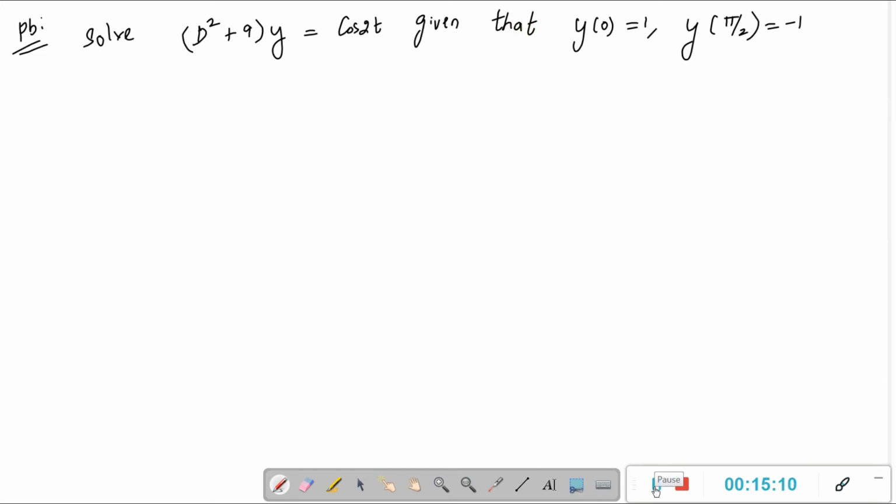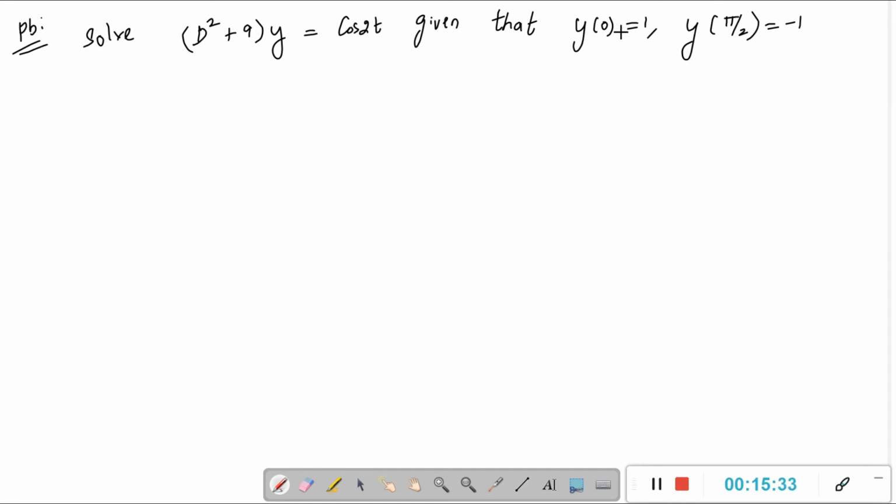Solve this differential equation given that y of 0 equal to 1, y of pi by 2 equal to minus 1. So here the condition is boundary condition, it's not an initial condition. So 0 is a starting point.